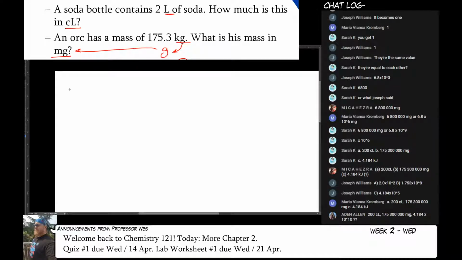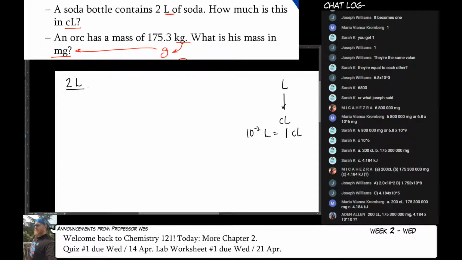All right, so I have a 2-liter bottle of soda, and I want to turn liters into centiliters. Well, I know that my relationship between liters and centiliters is... So centi is 10 to the minus 2.